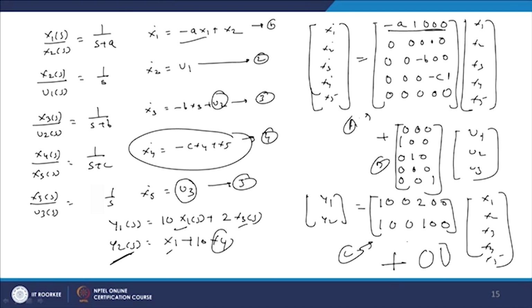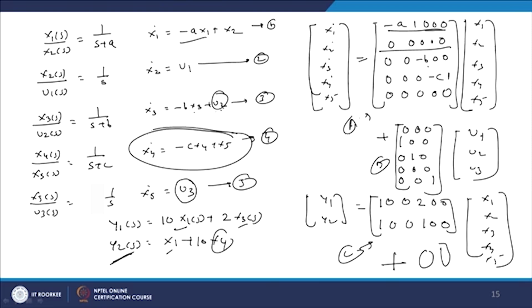So, you can again cross check it. x1 dot equals a x1 plus x2, so we wrote a1 1. Then x2 dot equals u1, the rest of the elements are 0. Then x3 dot equals minus b x3 plus u2, so we will find the elements of b, the rest of the elements 0, and for u we represent 0 1 0.